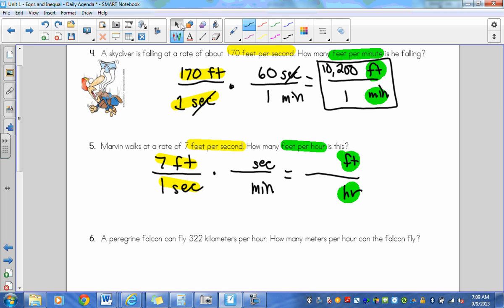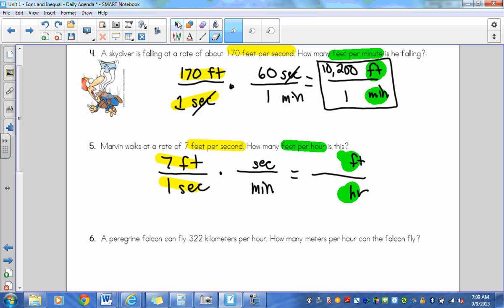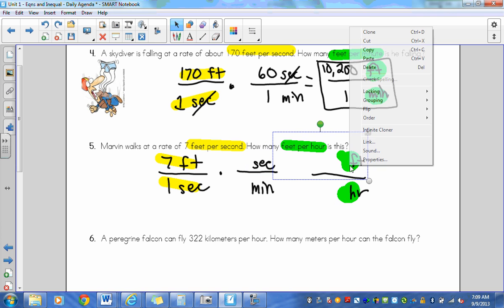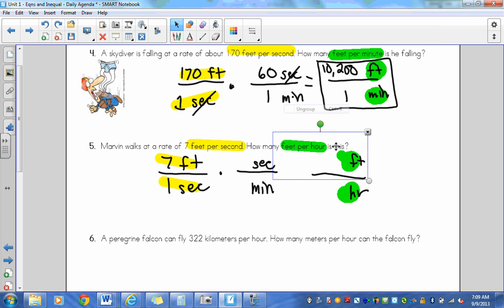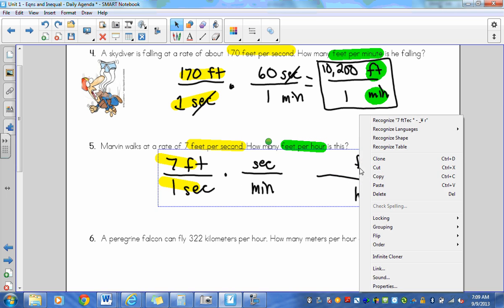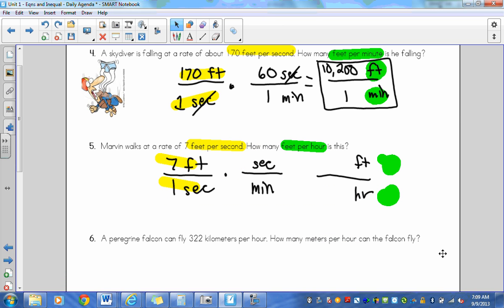You actually are allowed to multiply by 2 unit fractions. That is completely acceptable. So I'm just going to move this down. It's still all attached.